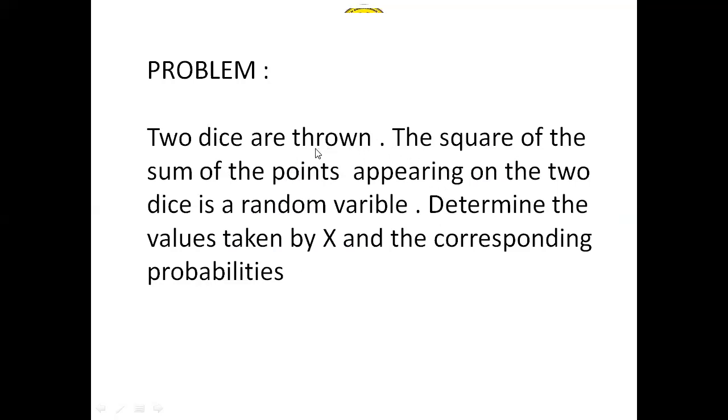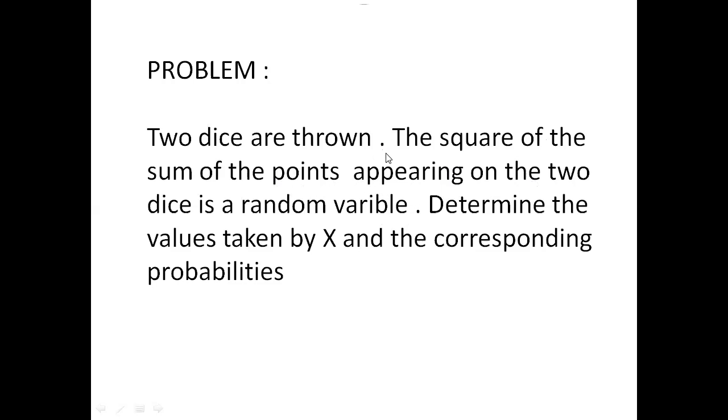What are the given values and what is the required value? The given statements here are: two dice are thrown. Here the experiment is given. What is the experiment? Two dice are thrown. The square of the sum of the points appearing on the two dice is a random variable.